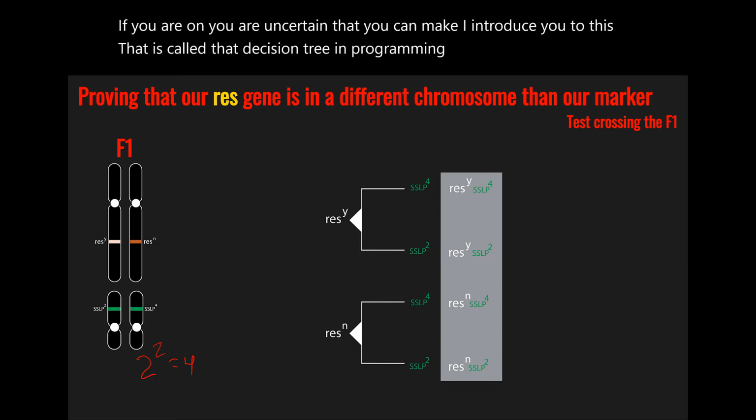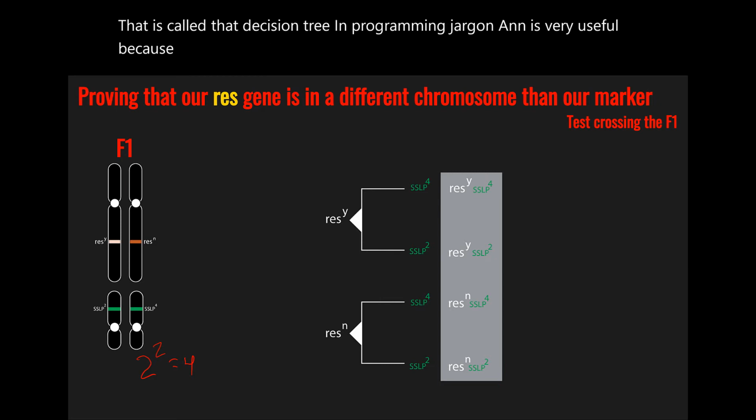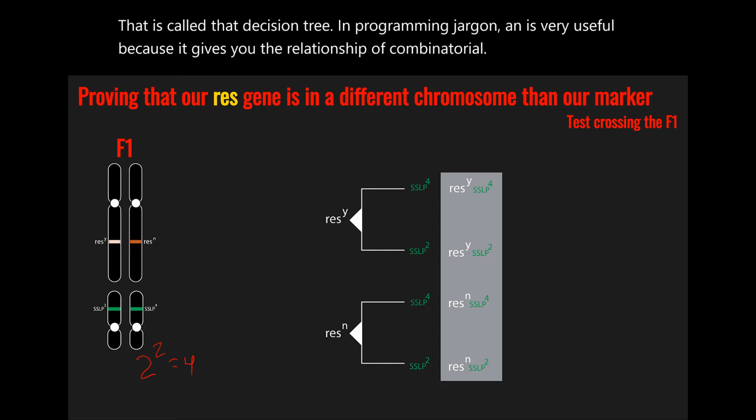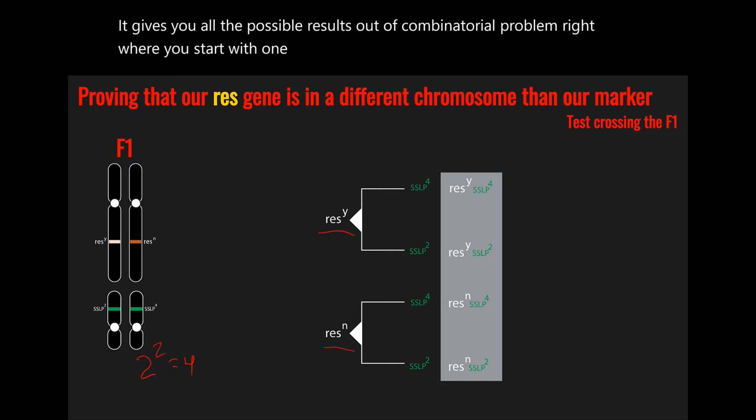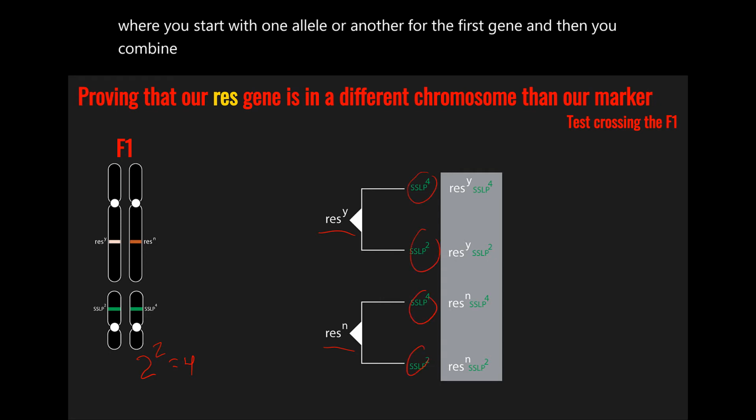And it's very useful because it gives you all the possible results out of a combinatorial problem, right? Where you start with one allele or another for the first gene, and then you combine them with the second allele. So that's a way to confirm which gametes you're actually dealing with.